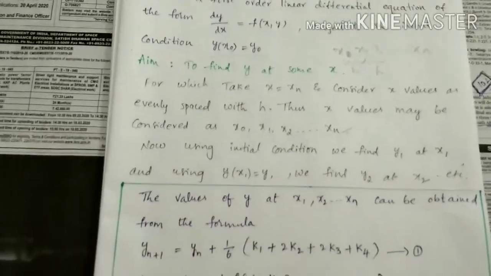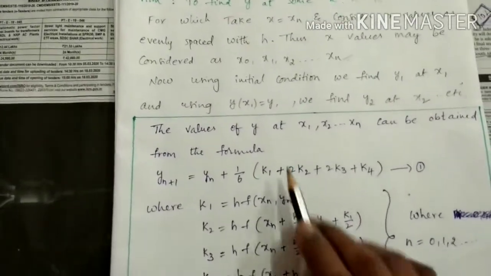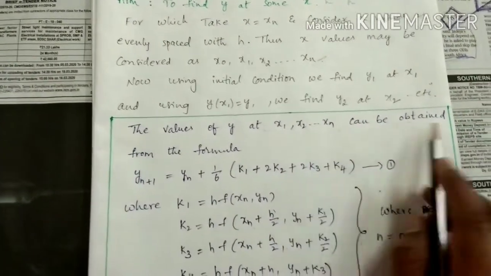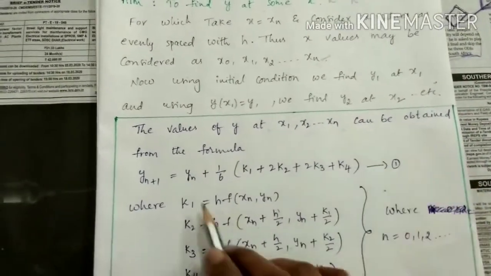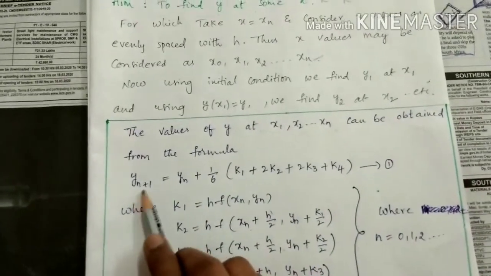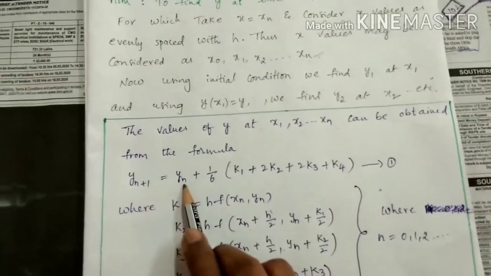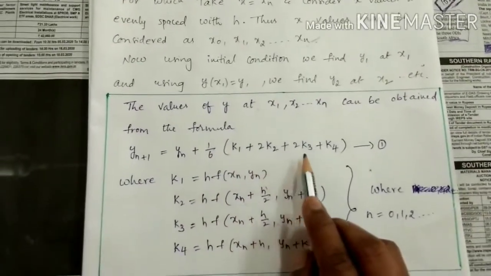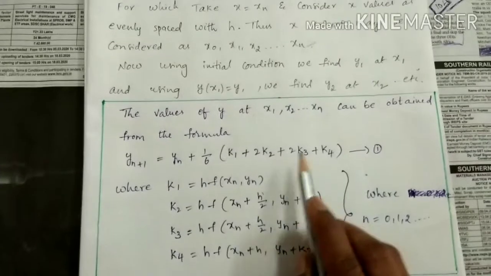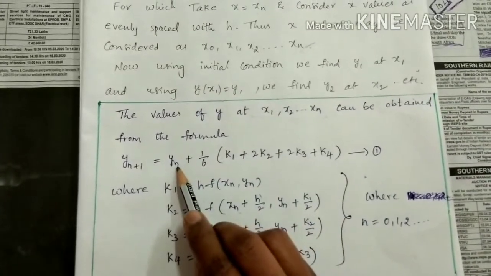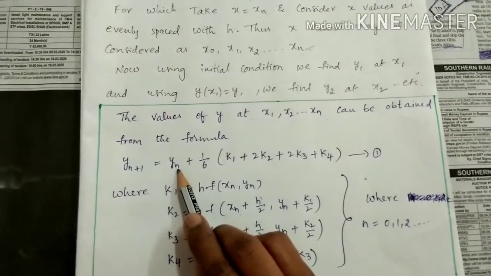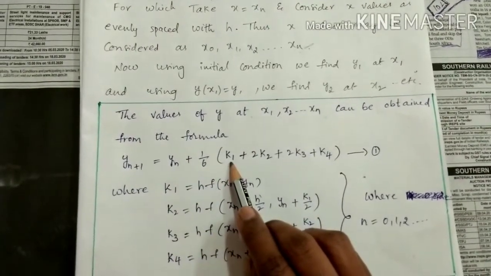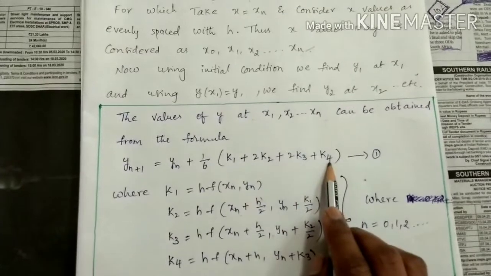Let us see the general formula to find y at all these x values, x1, x2 and so on, xn. This is represented in the form y(n+1) equal to yn plus 1 by 6 into (k1 plus 2k2 plus 2k3 plus k4). Here yn is a known value at the point xn, and using this we need to get the values k1, k2, k3, k4.